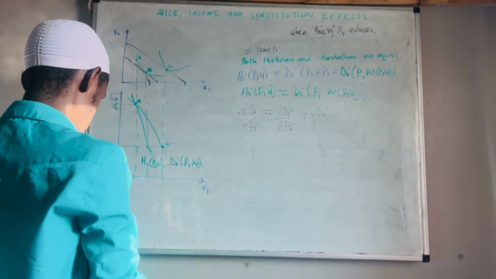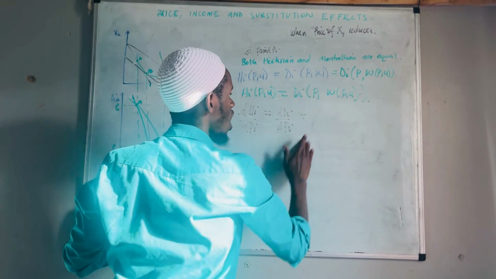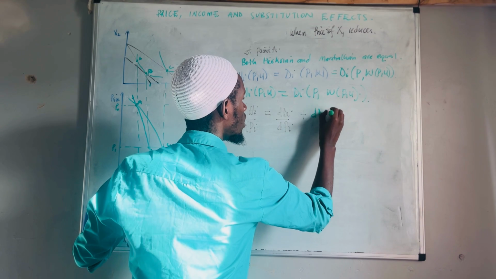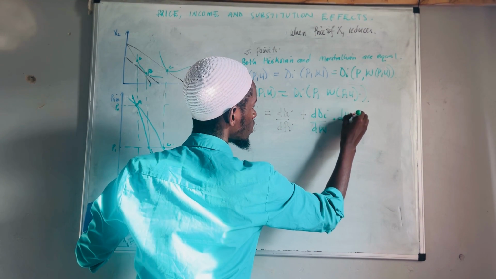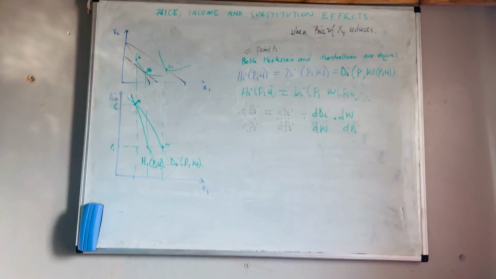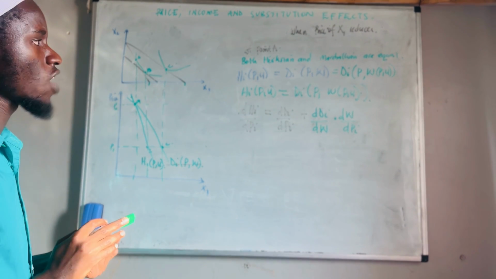times dW/dP_i. But remember, in the previous video we discussed Shepard's lemma, a property of the expenditure function.